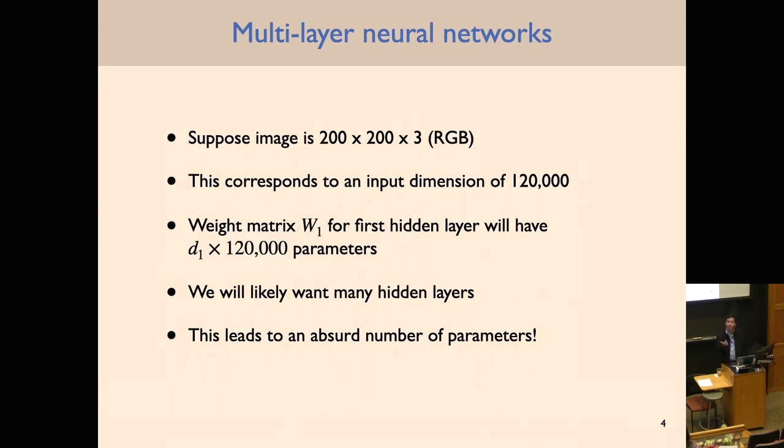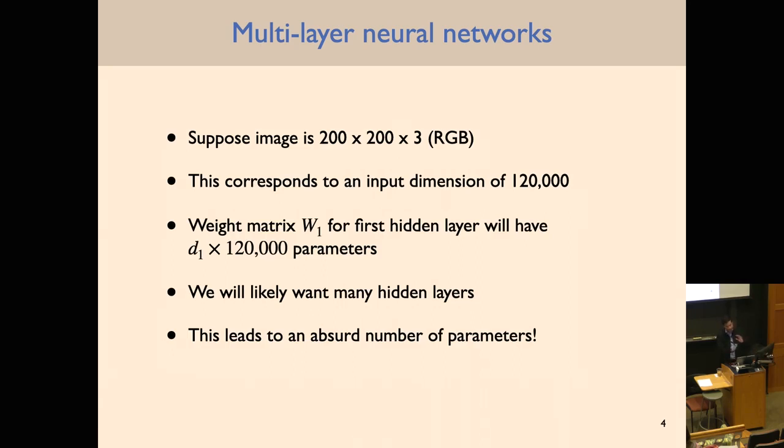The weight matrix, W1, for the first hidden layer is going to have dimensions D1 by 120,000, where D1 is the dimension of the first hidden representation. And we're probably going to want many layers. So the total number of parameters that you end up with when you parameterize multi-layer neural networks in the way that we've done so far is really, really large.